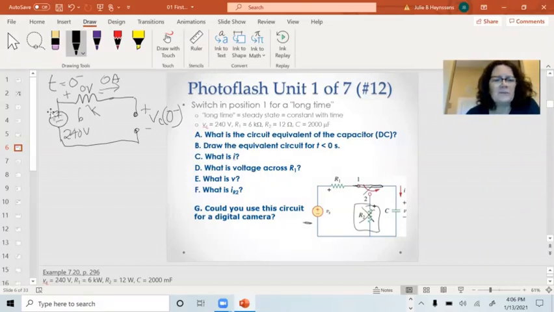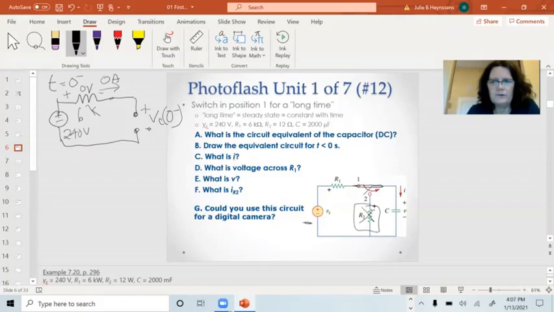So now with this simple circuit, I've got the voltage across the DC supply. I have the voltage across the resistor. The only unknown voltage in that loop is the voltage across the capacitor. So I can apply KVL: 240 minus 0 minus VC equals 0.